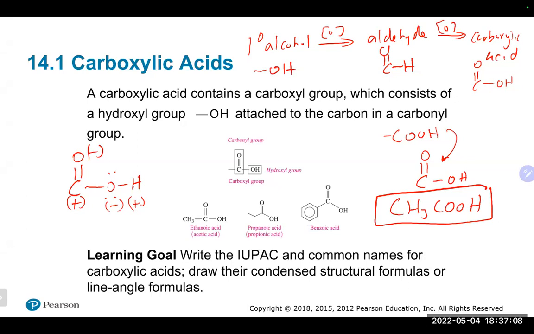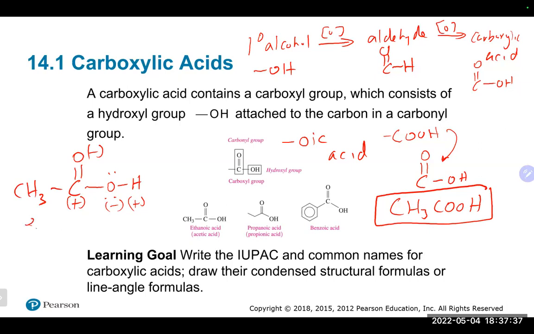How do we name these guys? Well, we name these guys essentially by, as I previewed a second ago, adding OIC acid to the name. So if we look at this guy down here, if I just throw a CH3 on this right here, which is this guy, and count up the carbons, it is 2 carbons.